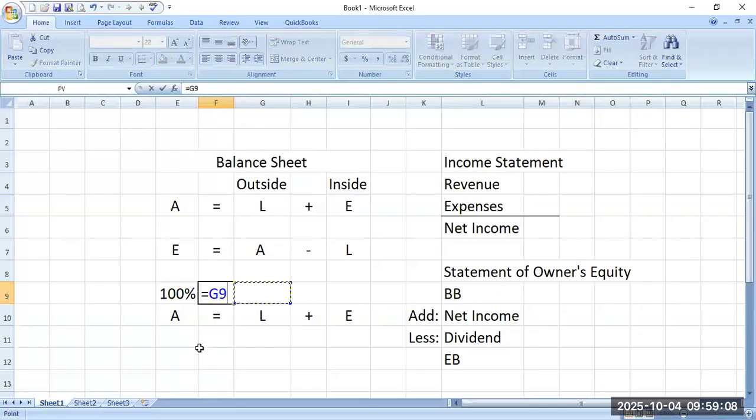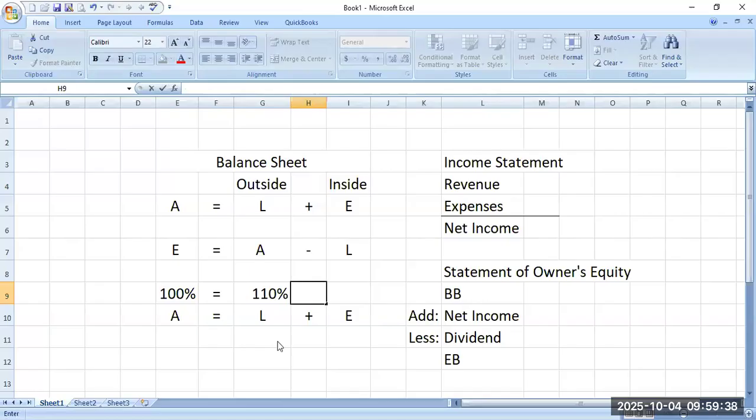Now on the other side, to have the equation, what we have to have? 100%. But that 100% is going to come from liability plus equity. So now what you're telling me is liability is 110%. So what that means?